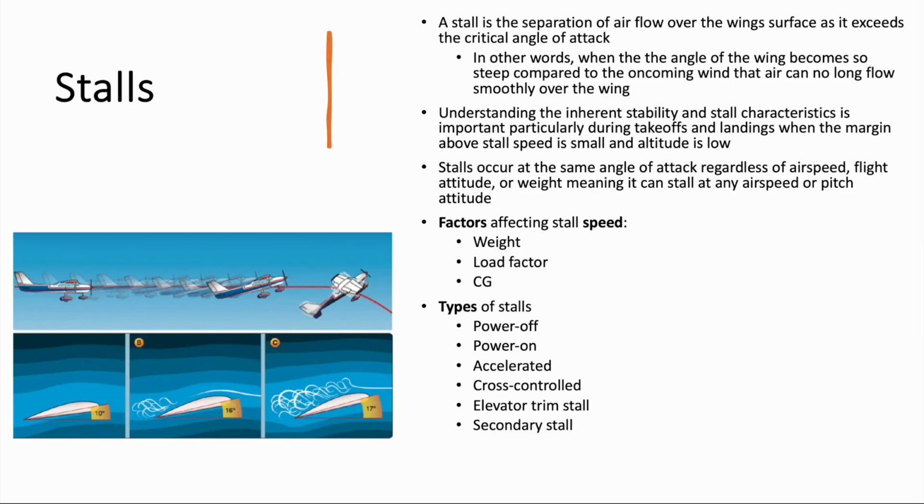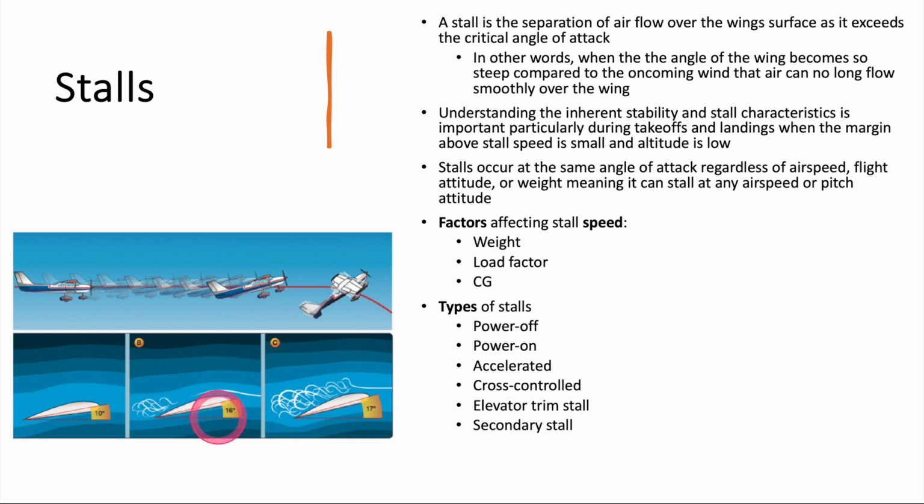Some of you may have heard of stalls. This isn't referring to an engine stall. This is referring to what's called an aerodynamic stall. A stall occurs when you exceed something called the critical angle of attack. Looking at the bottom right here, this is a wing or an airfoil, and it's showing 10 degrees angle of attack.